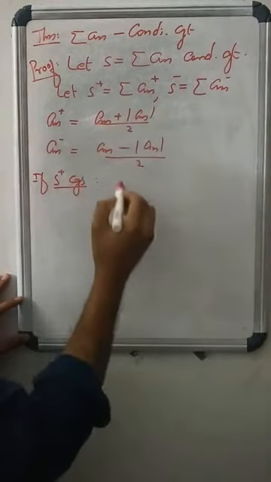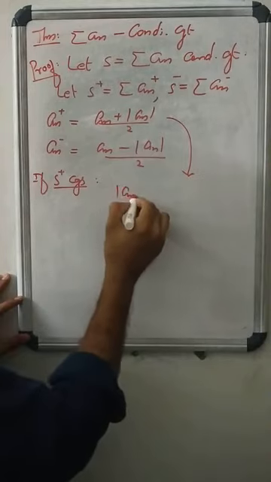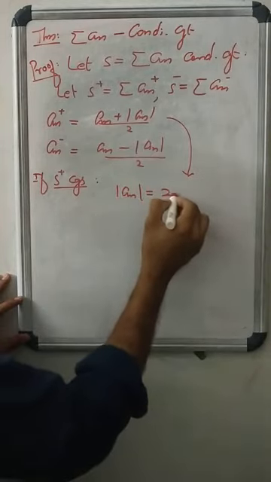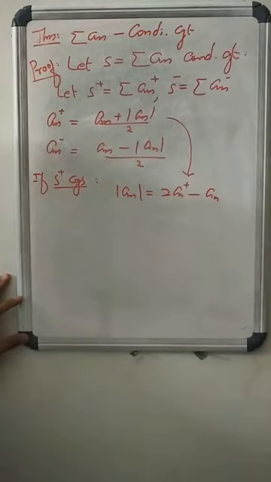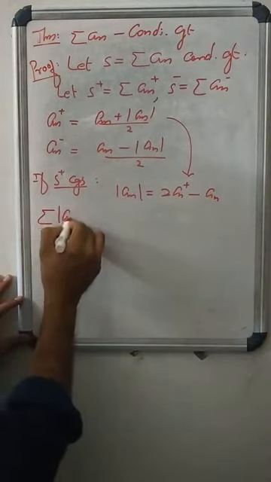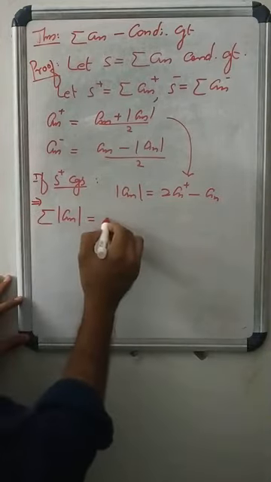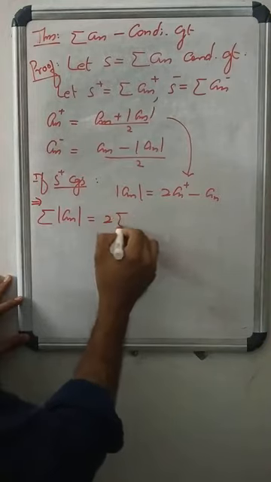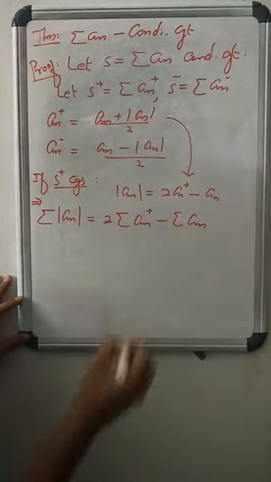From this result, what about mod an? Here mod an equals 2 into an plus minus an. Agreed. Take summation on both sides: sigma mod an equals 2 into sigma an plus minus sigma an.